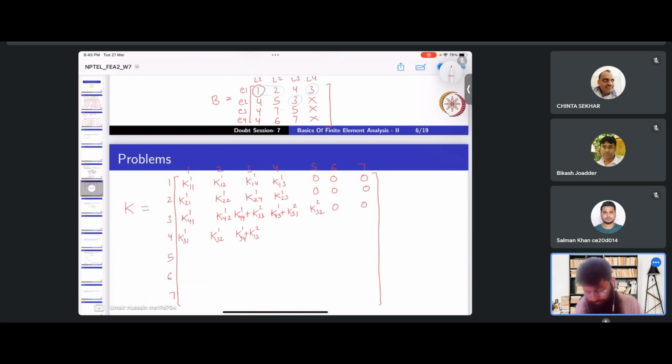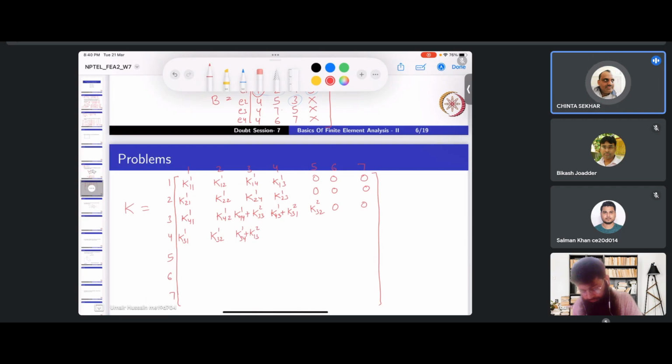And for 44, what should be the contribution for 44? Can someone answer this? 44 only is there, sir. Is there 44 under 4? 4 is in element 1, right?